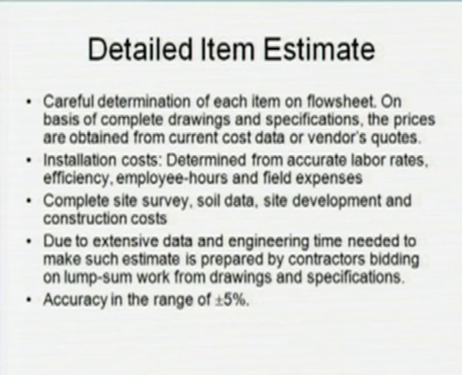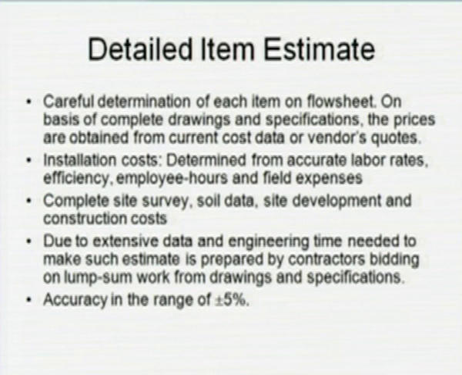Careful determination of each item on the flow sheet is needed to make this kind of estimate. On the basis of complete drawing and specification, the prices are obtained from the current cost data or directly from the vendor's quotes. Then we have to account for the installation cost.